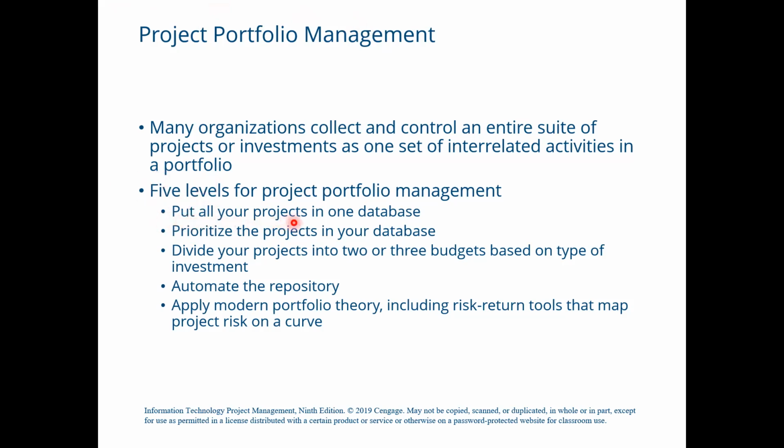Number 1 is put all your projects in one database. Number 2, prioritize the projects in your database. Number 3, divide your projects into 2 or 3 budgets based on type of investment. Number 4, automate the repository. Number 5, apply modern portfolio theory, including risk-return tools that map the project risk on a curve.